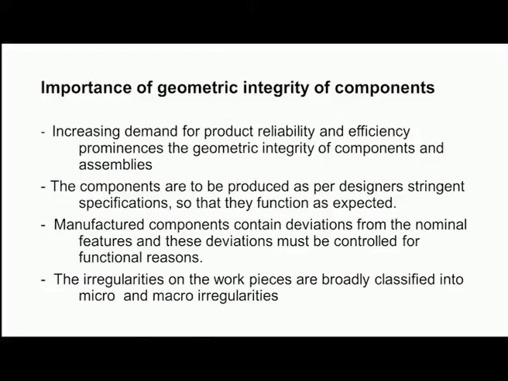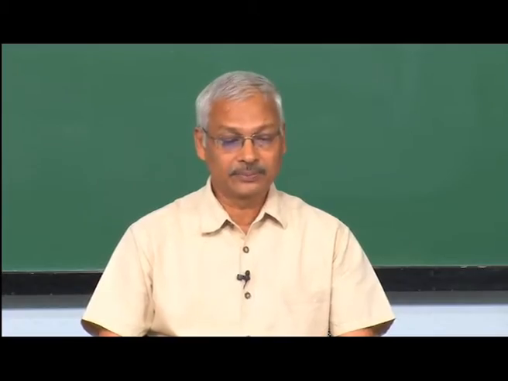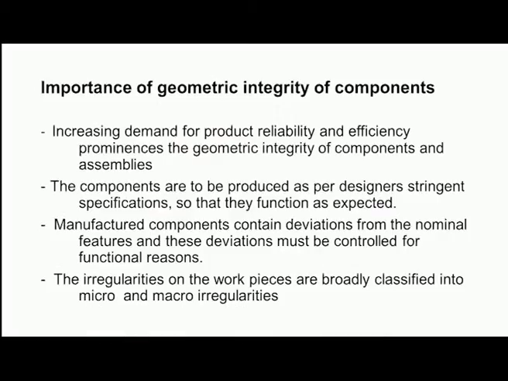There is an increasing demand for product reliability and efficiency, which emphasizes the geometric integrity of components and assemblies. The components are to be produced as per the designer's very strict specifications, so that they function as expected. The manufactured components invariably contain various deviations from the nominal features, and these deviations must be controlled during manufacturing for functional reasons.